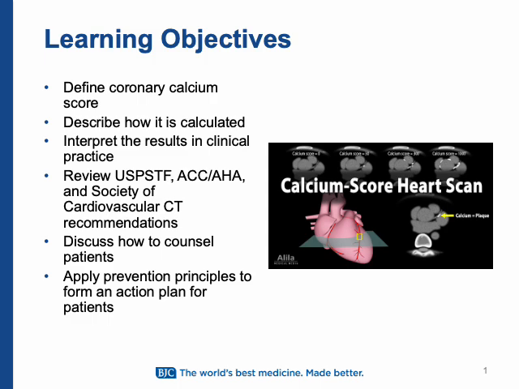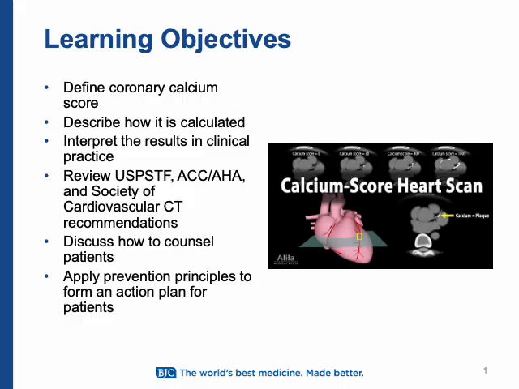We'll touch on the major organizations and what they recommend, such as the U.S. Preventive Services Task Force, the American College of Cardiology, and the American Heart Association guidelines, as well as the Society of Cardiovascular CT. Their guidance really helps us decide when the test is appropriate.